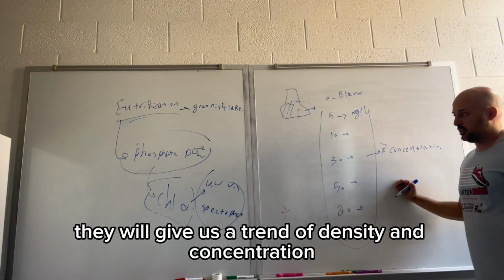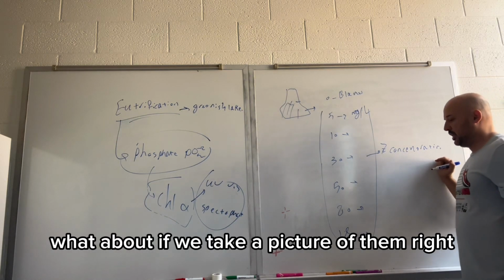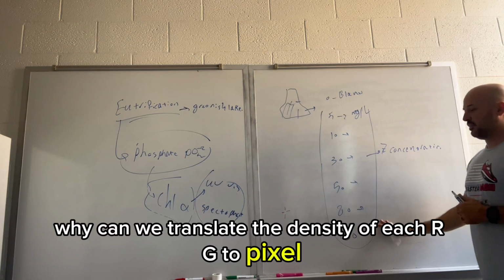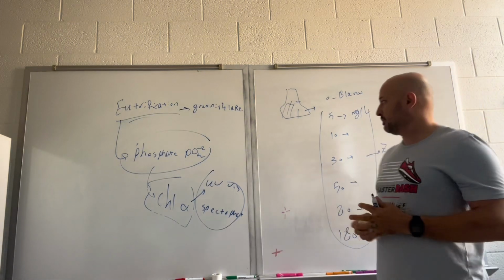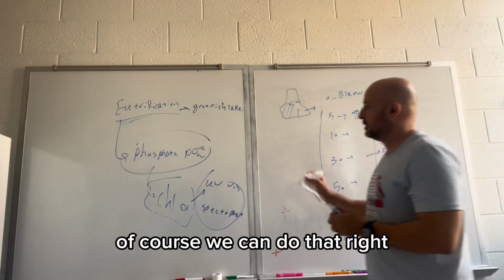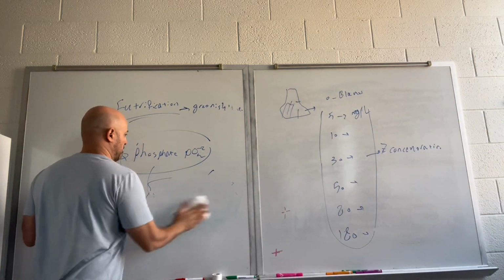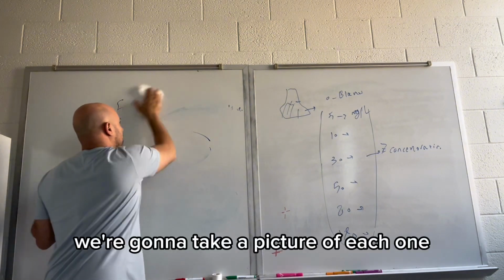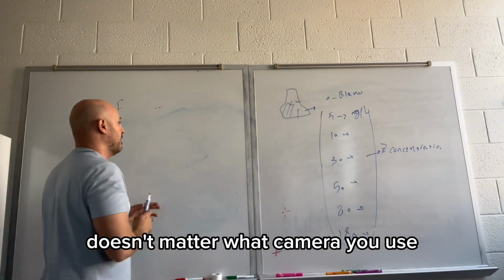and concentration. So what if we take a picture of them, right? Why can't we translate the density of each algae to pixels? Of course we can do that, right? So we're going to take a picture of each one. It doesn't matter what camera you use.